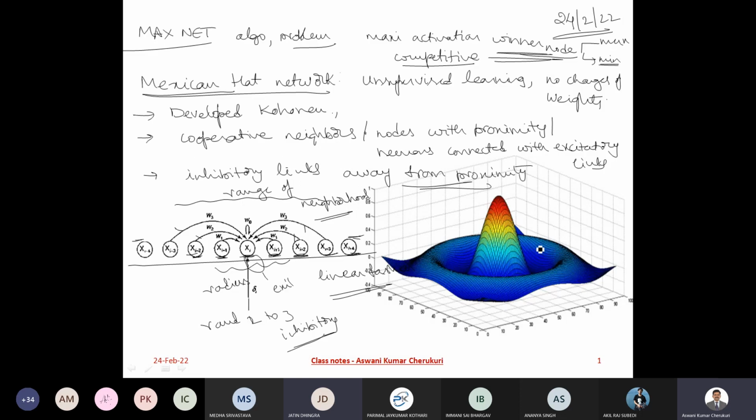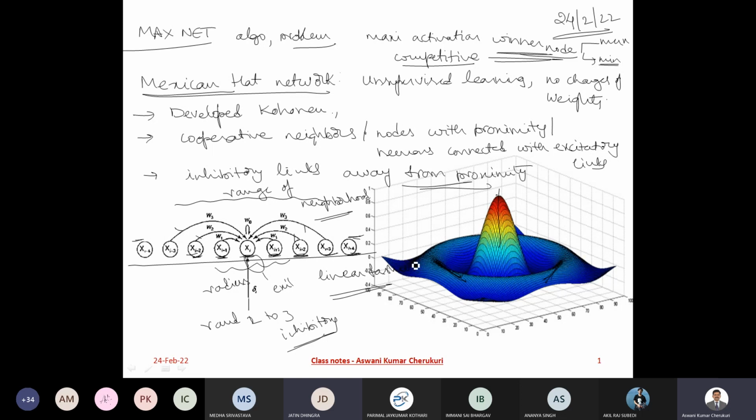Now you notice the mesh graph that is shown on the slide. You have this node, and you have a certain range with the positive weights. Similarly, the slopes here or the valleys here indicate the negative weights.